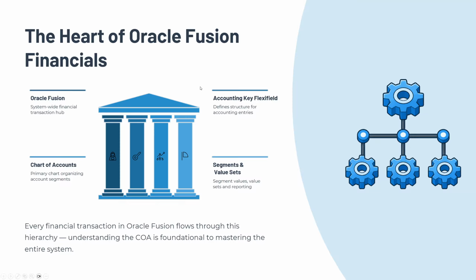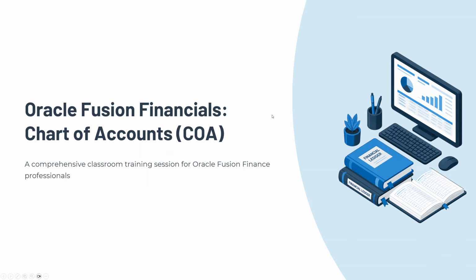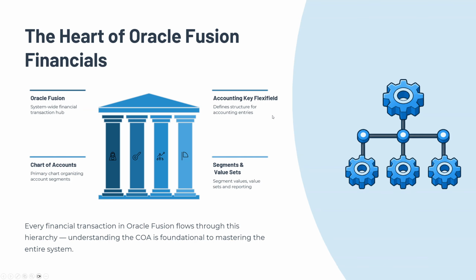Here you need to understand the accounting key flex field. The accounting key flex field is defined under the general ledger. What it will do is act as a bridge between the chart of accounts and the general ledger.